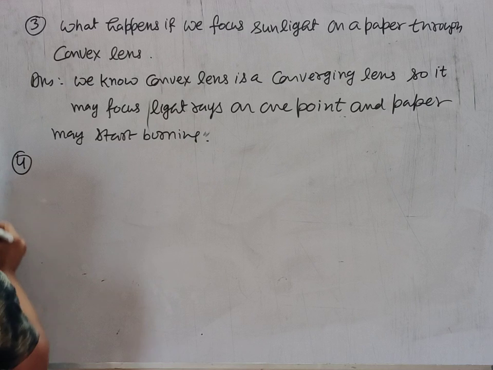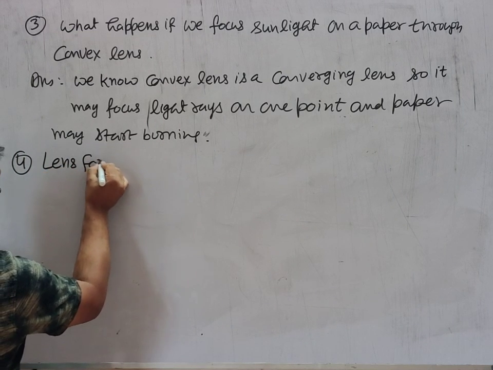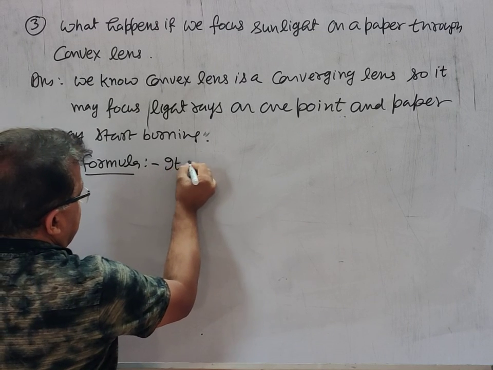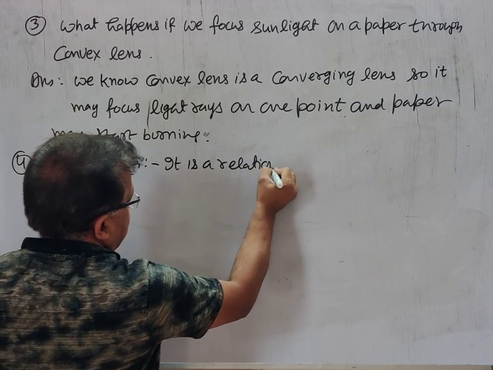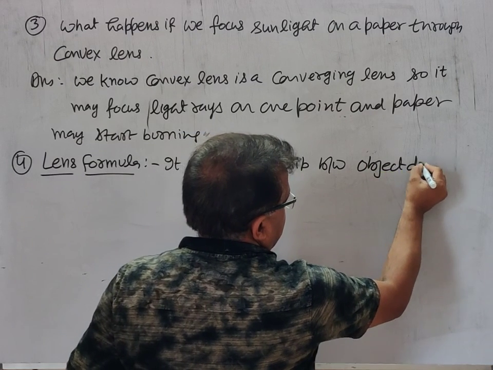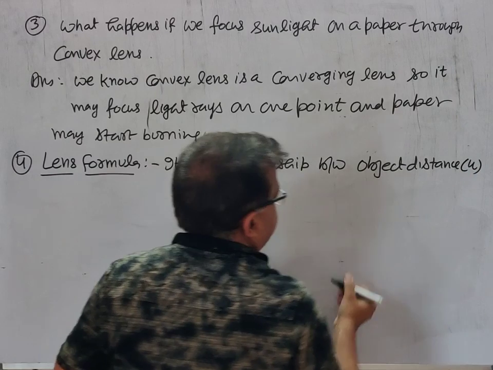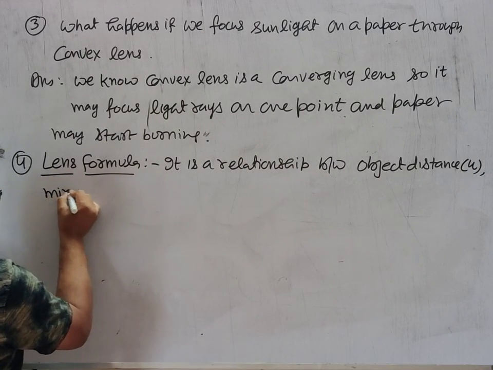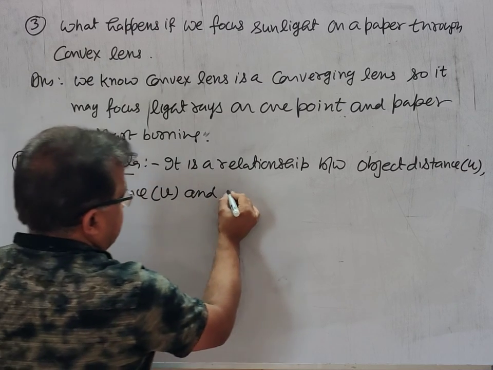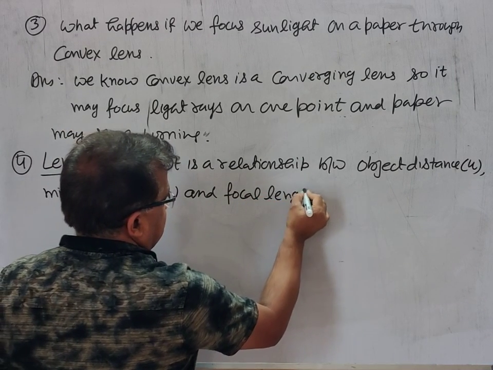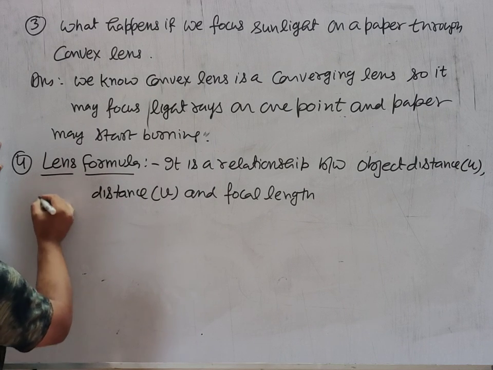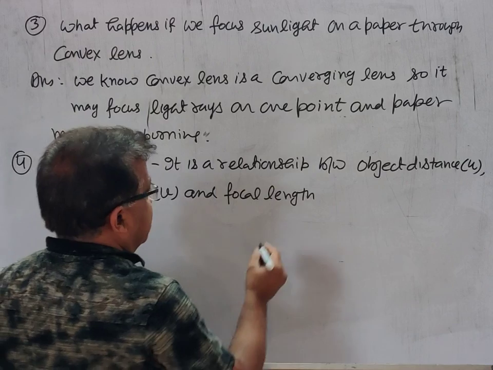Then next point is lens formula. As we studied in mirror formula, similarly it is a relationship between object distance, that is u, image distance, that is v, and focal length.